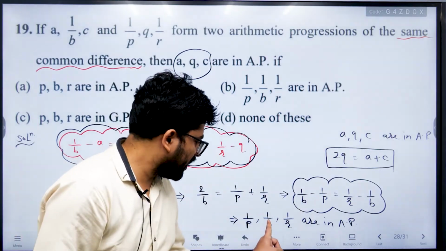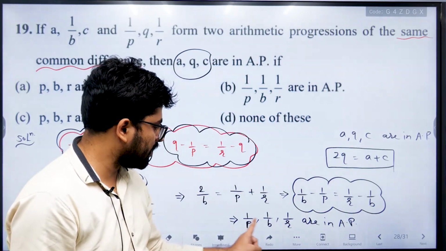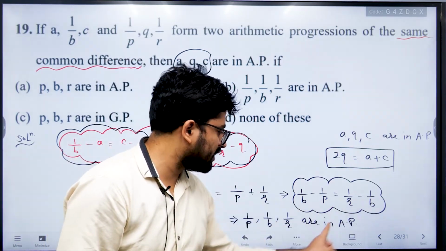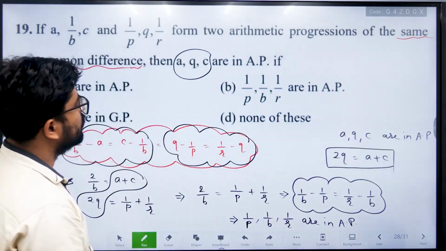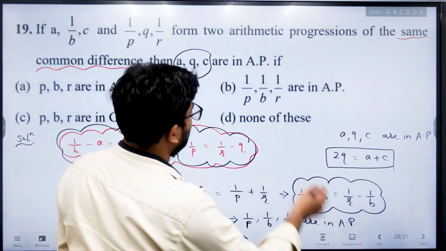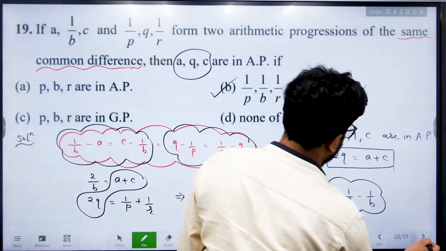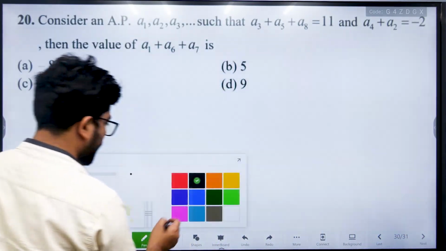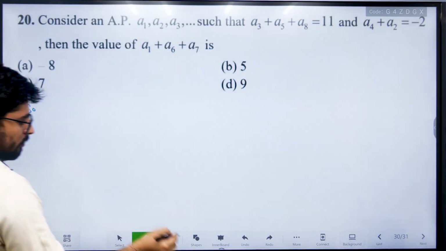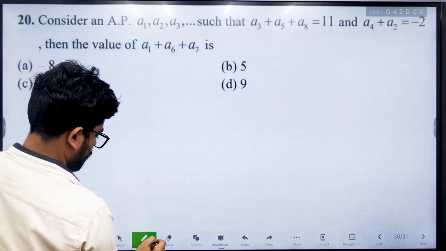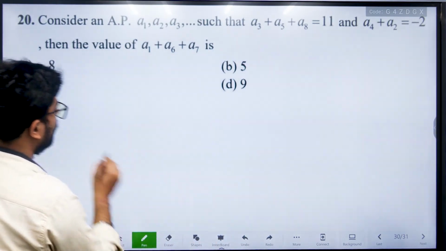That's why we have 1 by B minus 1 by P is equal to 1 by R minus 1 by B. So 1 by P, 1 by B, 1 by R are in AP, so option B is the correct one. Now the last question is this one.